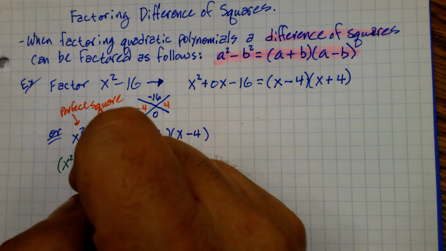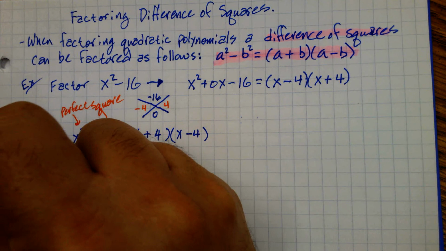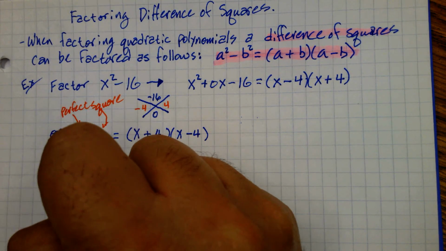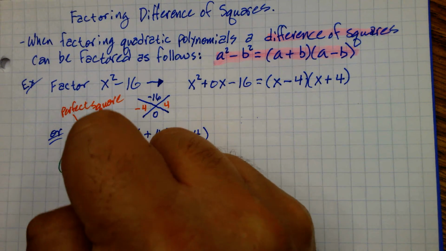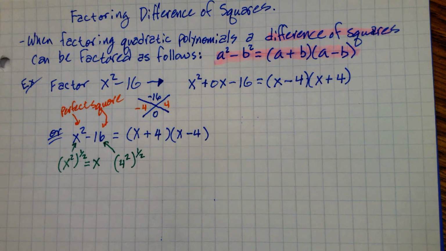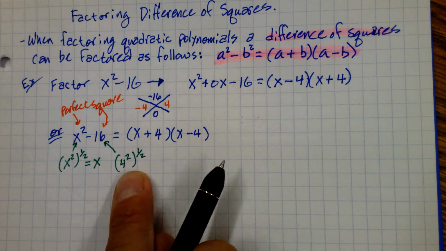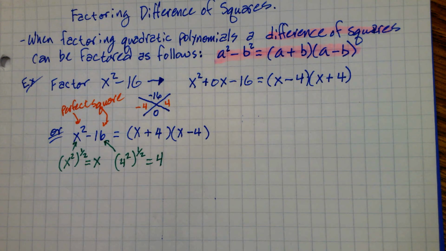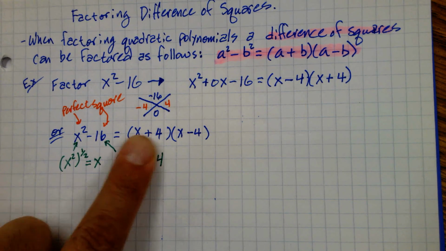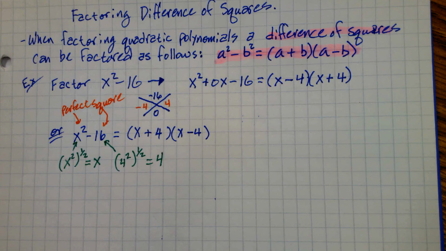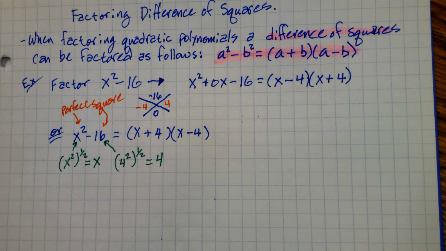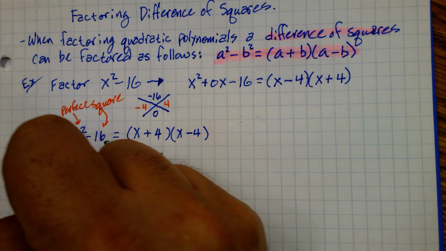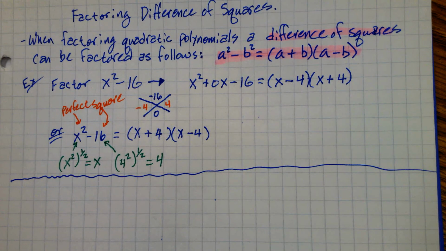And the same thing with this: 16 is just 4 squared, so that's a perfect square, and you raise that to the 1/2 power. 2 times 1/2 is 1, and 4 to the 1 is just 4. That's how we end up with x and 4. But just recognize those are perfect squares. If we can see that, you can use the pattern right away, and factoring difference of squares is also easy.